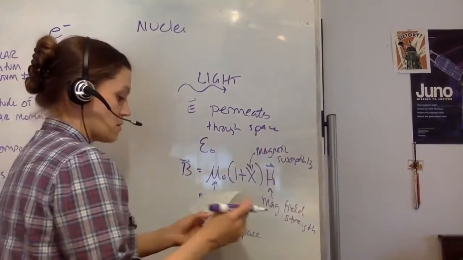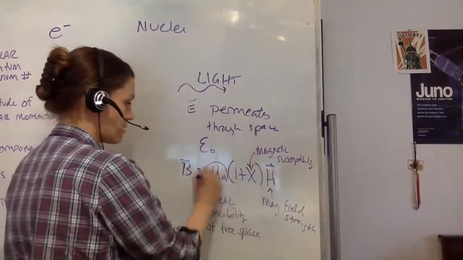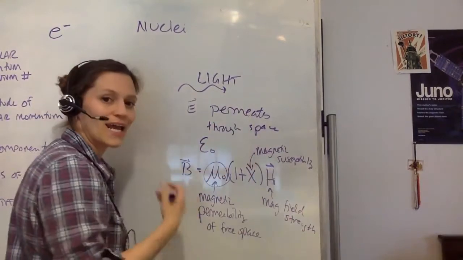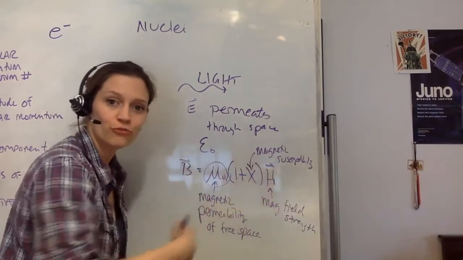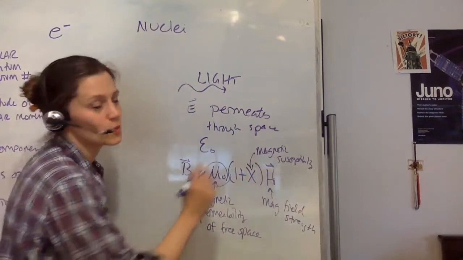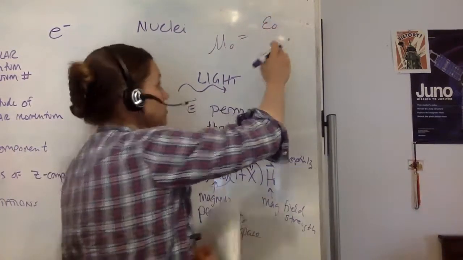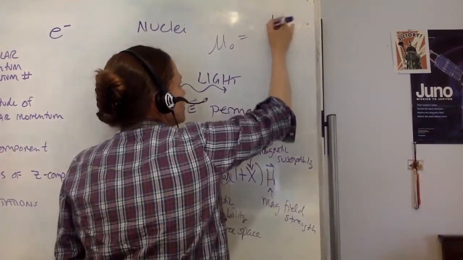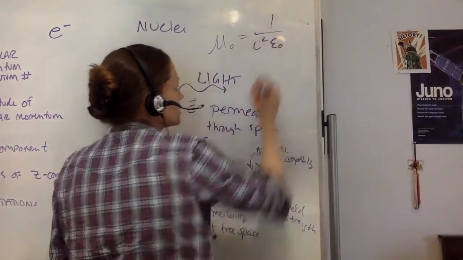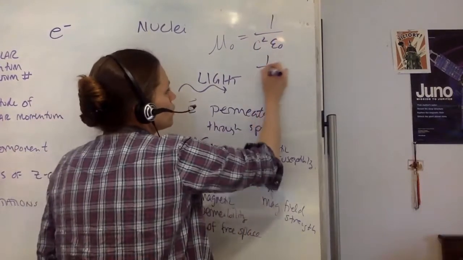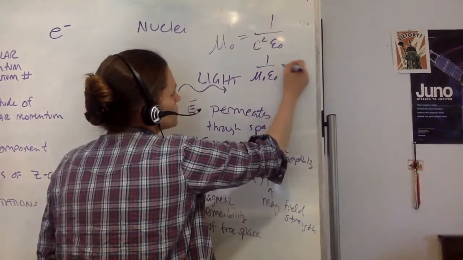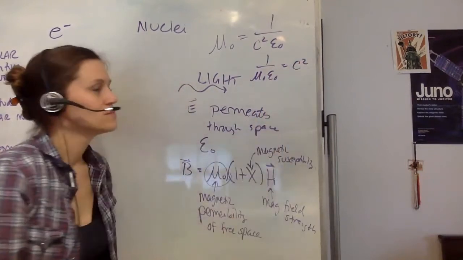All right, so mu0 right here, the magnetic permeability, again, how well can a magnetic field permeate through free space? That's going to be dependent on the speed of light. So mu0 is equal to 1 over c squared epsilon 0, such that 1 over mu0 epsilon 0 is equal to c squared.